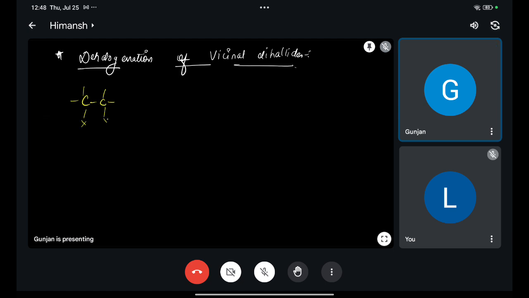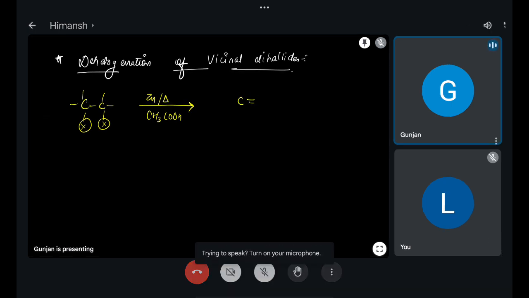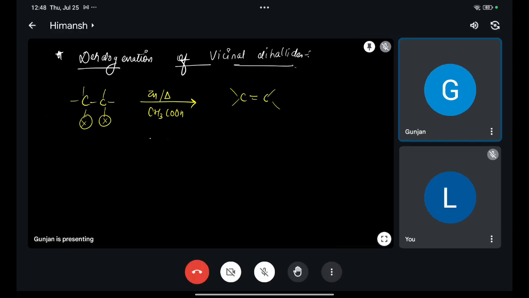This is X. This is also X. With zinc, heat, CH3COOH, we get a double bond like this, right? Also NaI, sodium iodide, acid. Very important, well known. Again we are getting this double bond. Okay, is it clear? Vicinal dihalide means the neighboring carbons contain halogens. That is the meaning of vicinal dihalide, Himansh. Yes, ma'am.